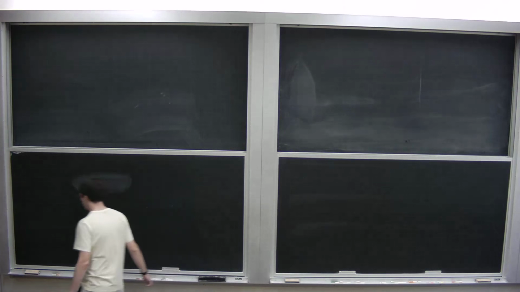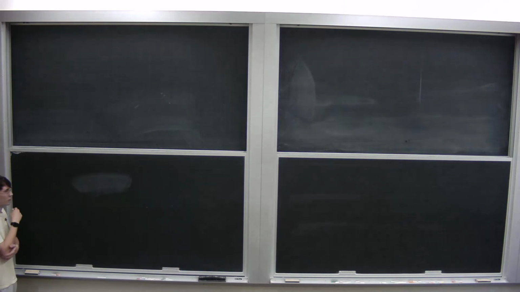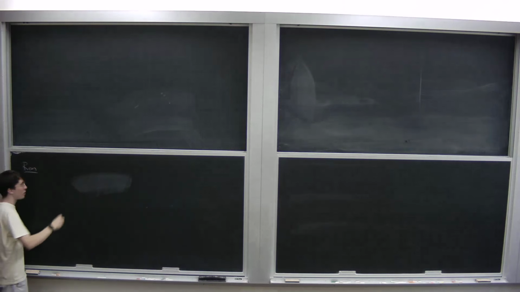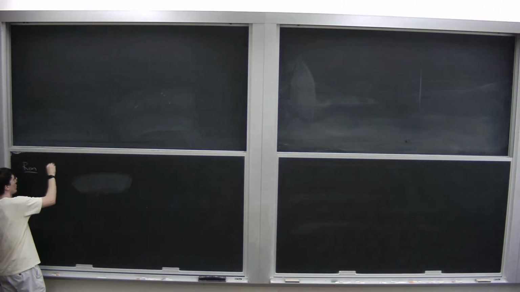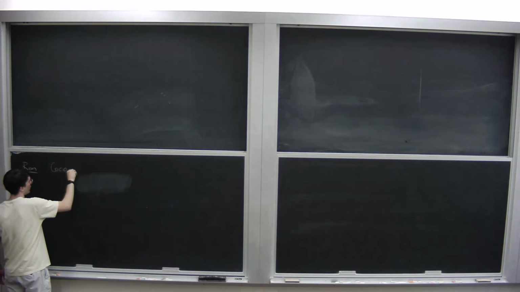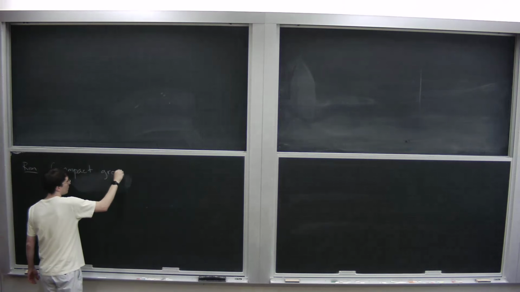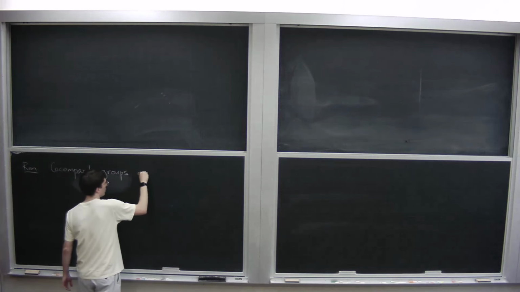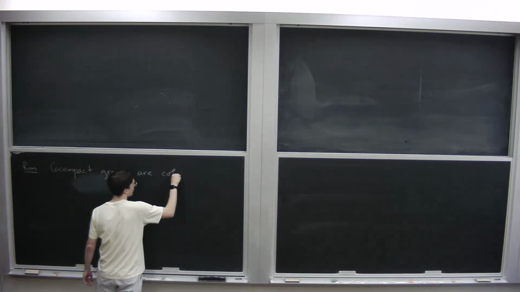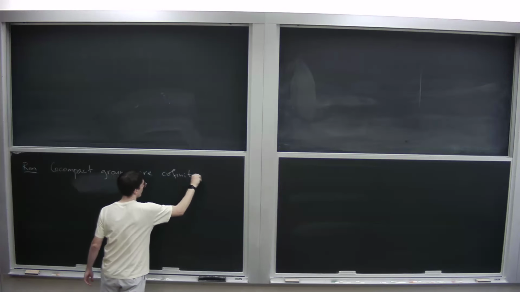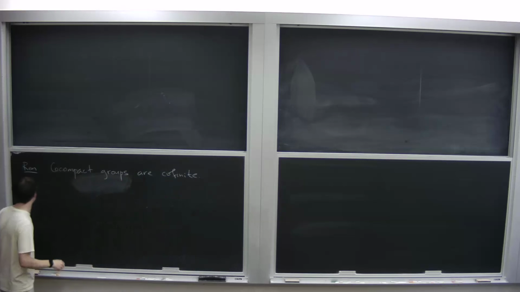Great. So let me now start with examples again. So cofinite. Okay, so first of all, the remark: compact implies finite, right? Compact sets definitely have finite volume.